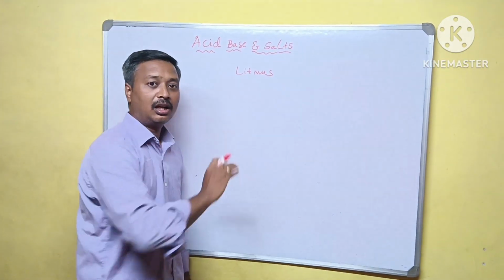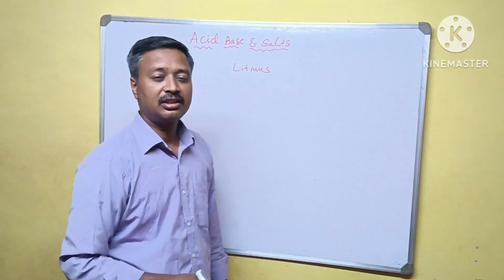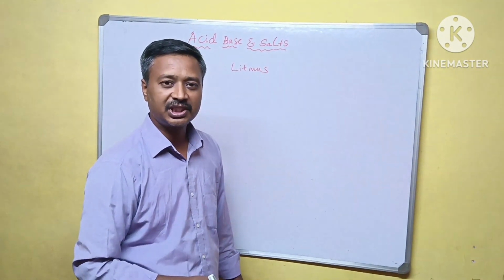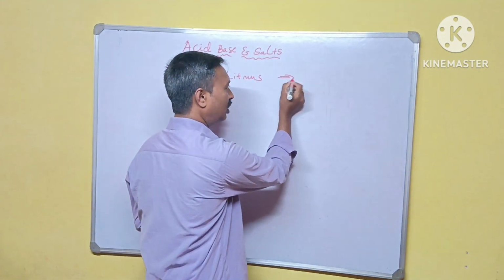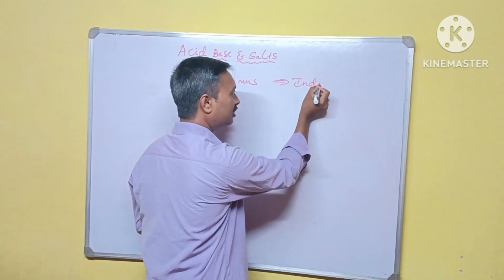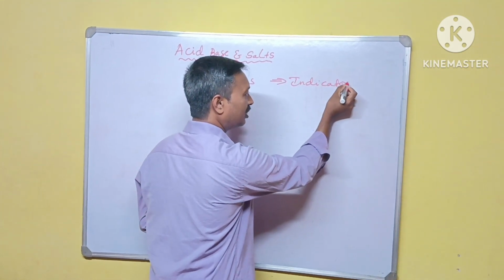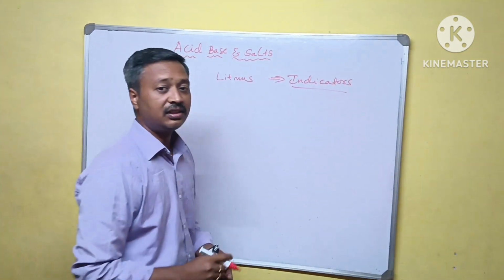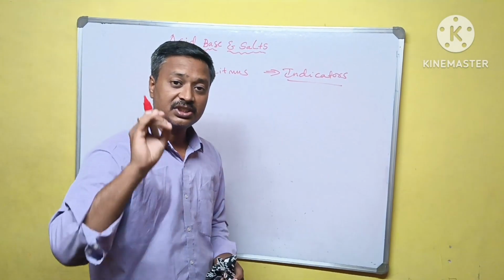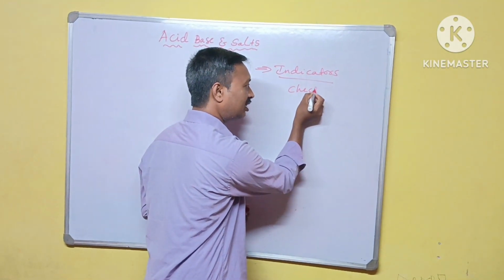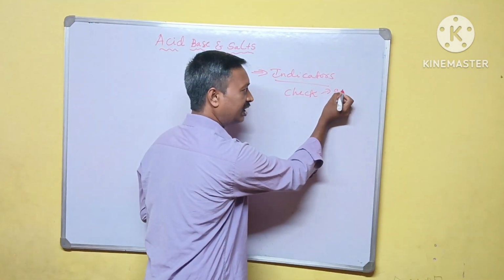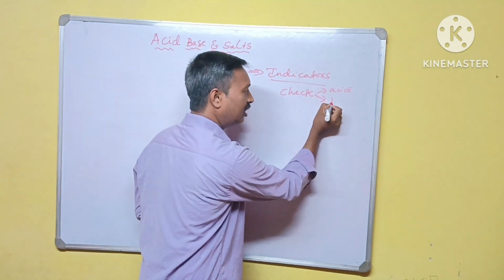Next, how to find whether the given substance is acid or base, using substances called indicators. Indicators are the substances we use to check whether the given solution is acid or base.